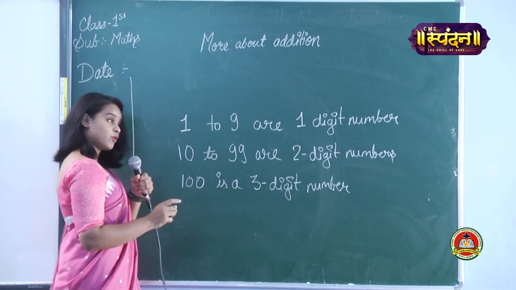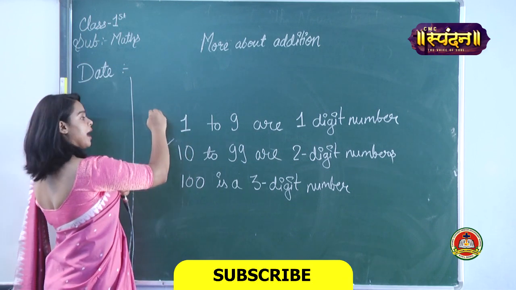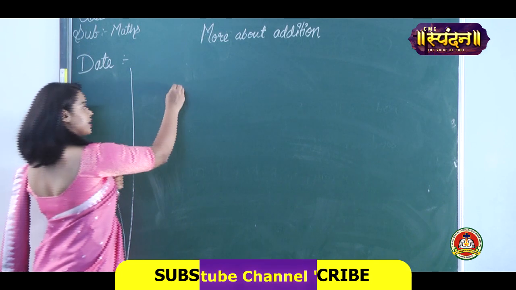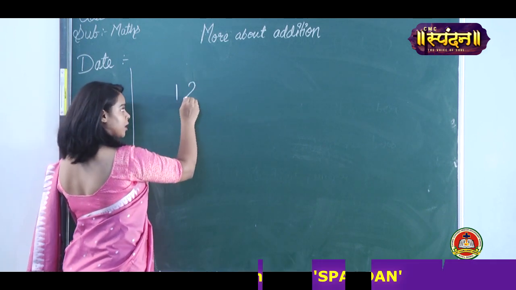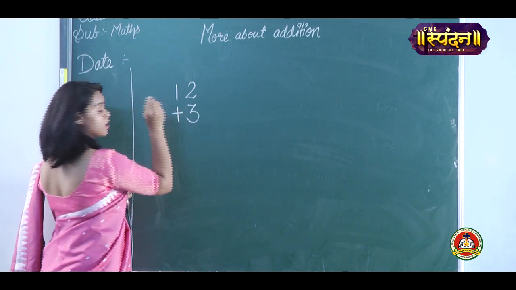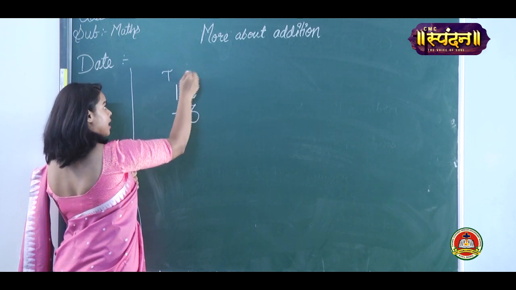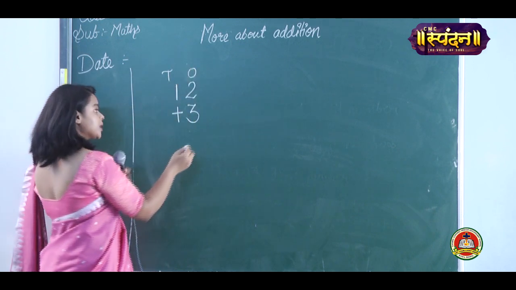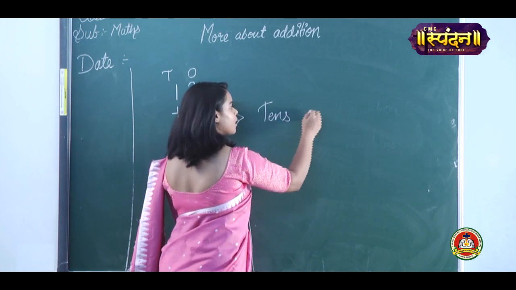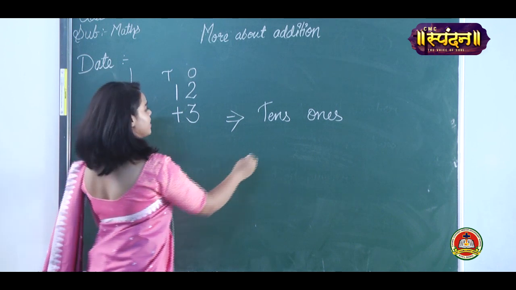So today we are going to learn the addition of 2 digit number and 1 digit number. Suppose I said 12 plus 3. So what you have to do, first you have to write tens and ones. You have to add ones first.